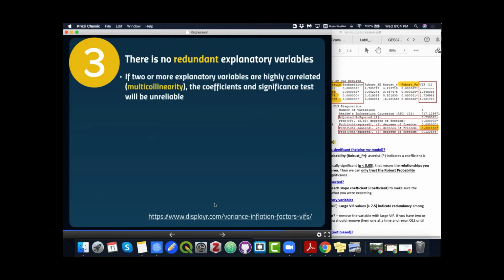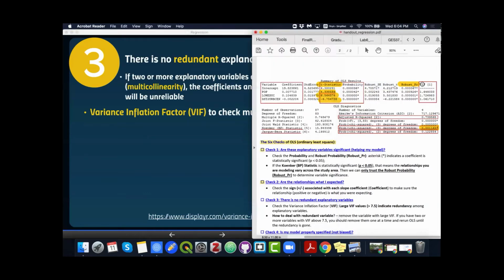And this also points out a concept mentioned in the book called multi-collinearity, just to make sure each of your explanatory variables are independent from each other. In this case, for this check, we're looking at the VIF number, which is the last column for each variable, each coefficient, each explanatory variable.